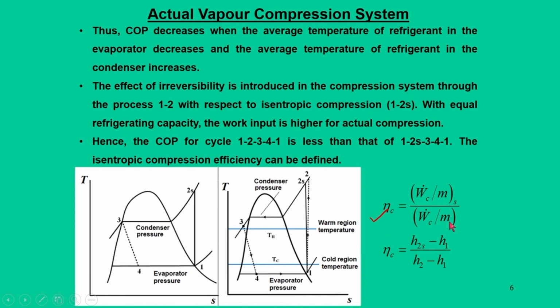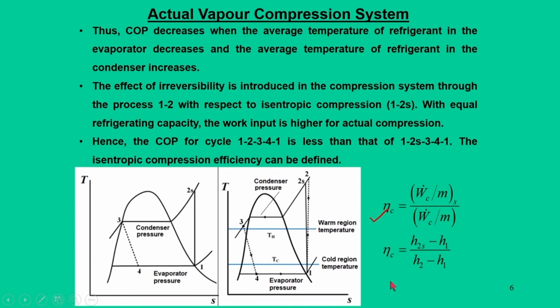So, the isentropic efficiency of the compressor can be represented in the form of enthalpies at the state points, that is, h 2s minus h 1 divided by h 2 minus h 1, and as you see in this diagram, obviously the denominator is higher because point 2 lies above 2s. So, this is how the isentropic efficiency of the compressor is introduced in actual systems.